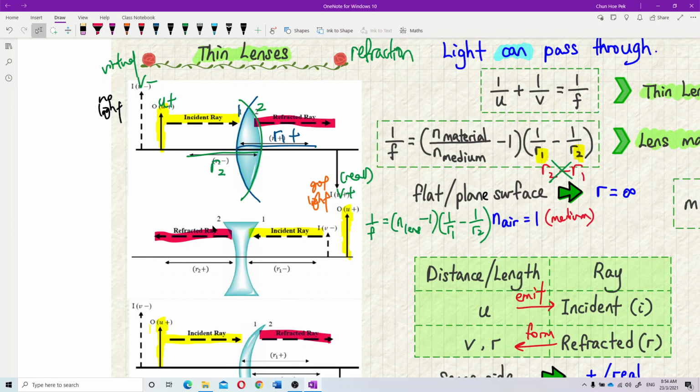R2 is over here. So this R2 is opposite to the refracted ray. Remember, radius is always compared with the refracted ray. The radius is opposite to the refracted ray, so this radius is negative.